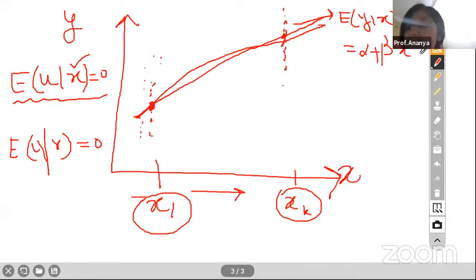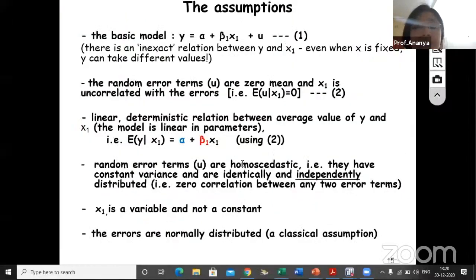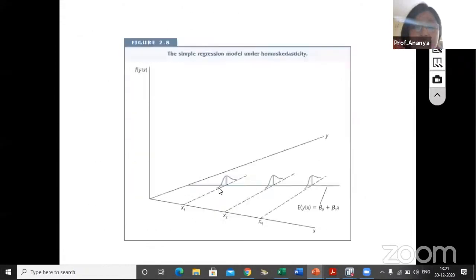So if I take you now to that graph and answer the question once again, just one moment. Yes, you see, this graph is perfectly symmetric around the mean. That's what it means to say that the errors have zero mean. Even when you fix X, there are about as many upward deviations over the value of Y as there are negative deviations.